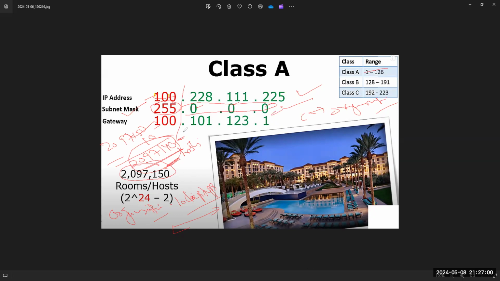So I will just break it into 10 IP addresses, use only 10 IP addresses, and allow the remaining IP addresses to be used by someone else, for other work, or within another network, right? So this is called, in short, subnetting. Clear?